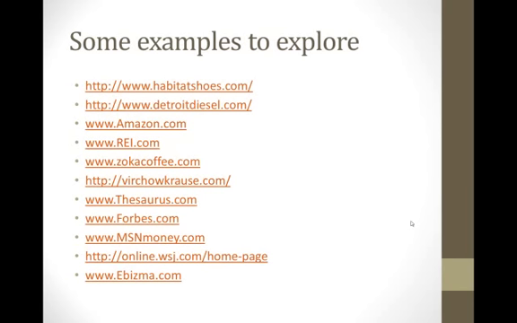So this is just a kind of a quick breakdown of different sites, and we'll talk more about this in class. What do you think of these? And I'm looking for your opinions on these. All right, so take a look at them. Tell me what you like, what you don't like, what could be improved, and we'll get back and chat some more about it.